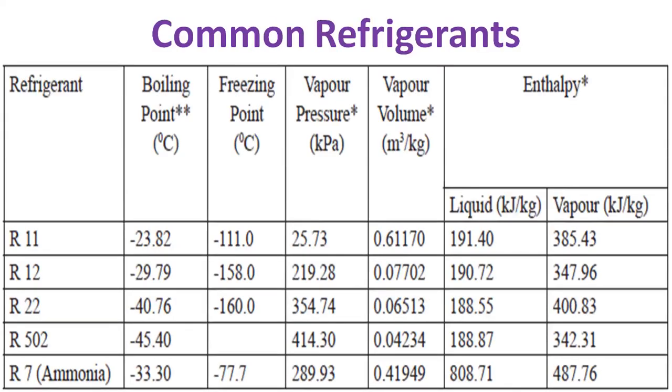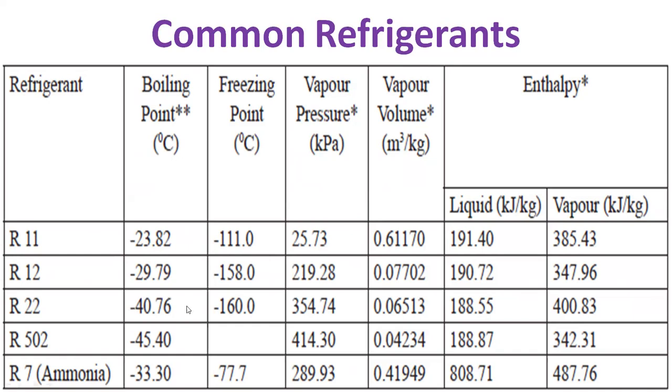Then let's see the common refrigerants and their properties. A variety of refrigerants are used in vapor compression systems. The choice of fluid is determined largely by the cooling temperature required. Commonly used refrigerants are in the family of CFCs, chlorinated fluorocarbons, also called freons: R11, R12, R21, R22, R502, R717 ammonia.